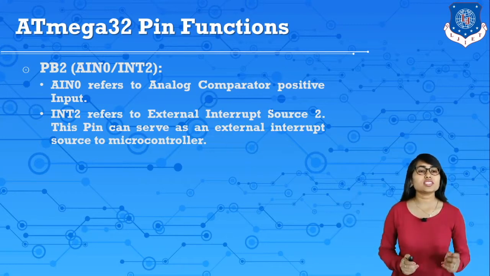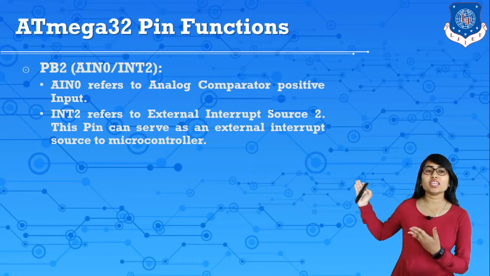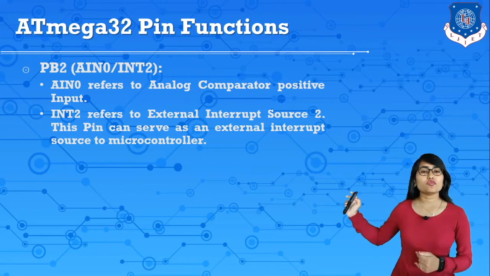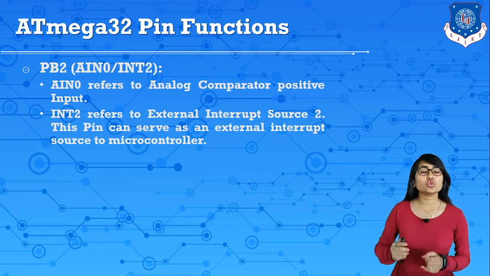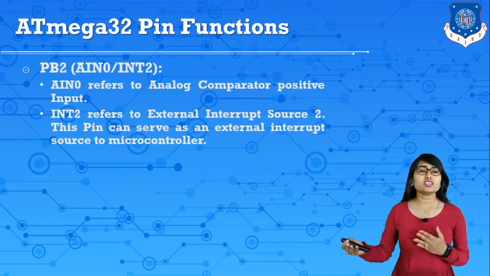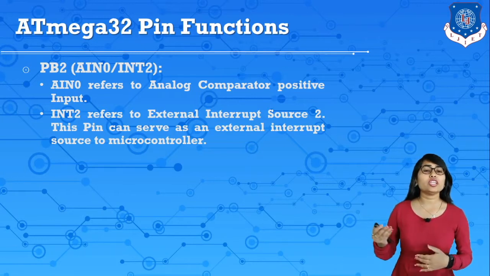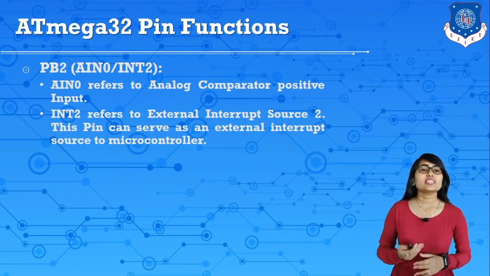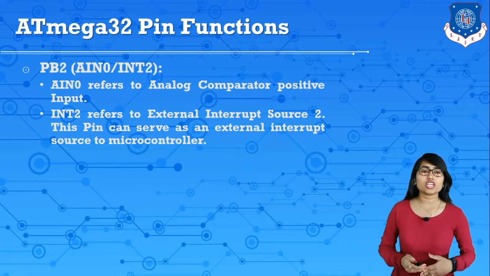And whenever an interrupt is used, we can use this pin INT2, which refers to external interrupt source 2. This pin can serve as an external interrupt source to the microcontroller. Whenever the device is interrupted through other peripherals, this INT2 pin can be used to interrupt the microcontroller.